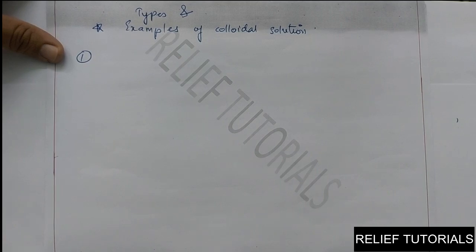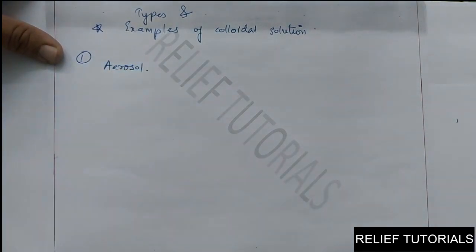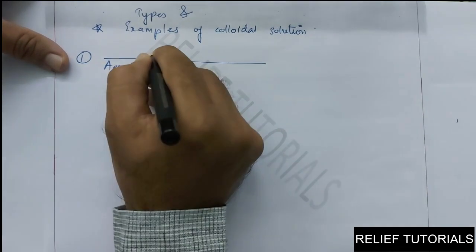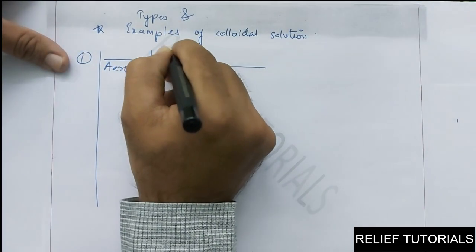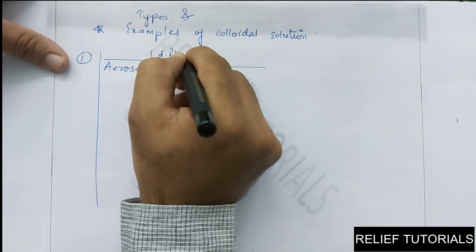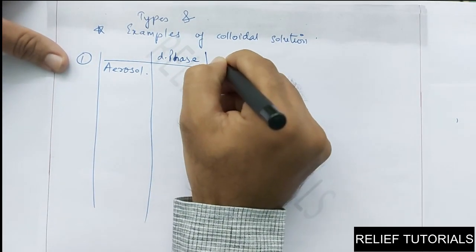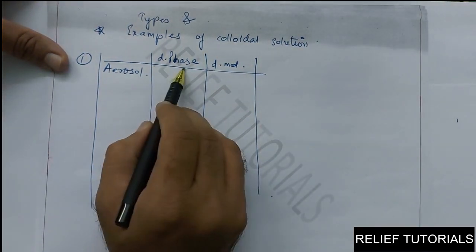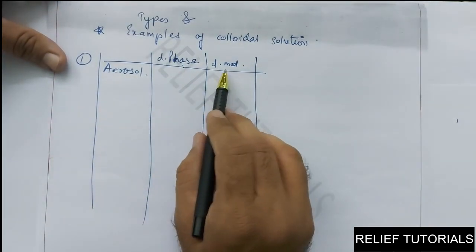First type is aerosol. In aerosol, we are adding two things here: dispersed phase and dispersion medium. Dispersed phase means actually solute, and dispersion medium means solvent.